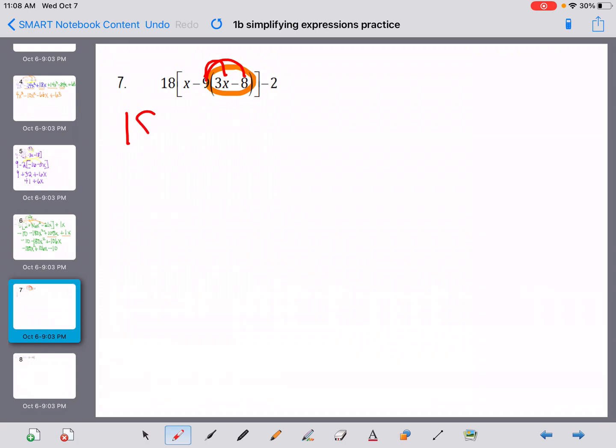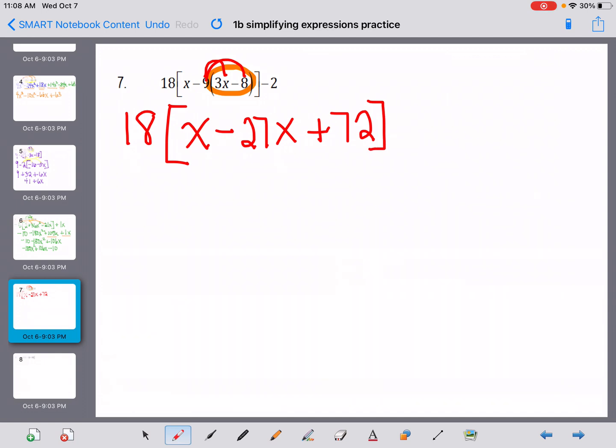So the 18 is not going to go anywhere. But negative 9 times 3x, negative 9 times 3 is negative 27x, and negative 9 times negative 8 is positive 72. And we still have this minus 2 out there.